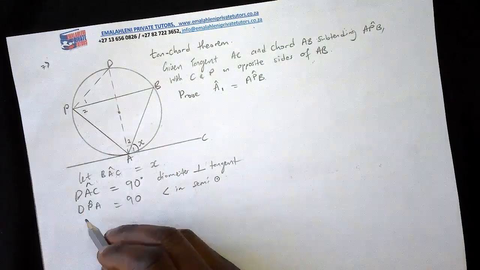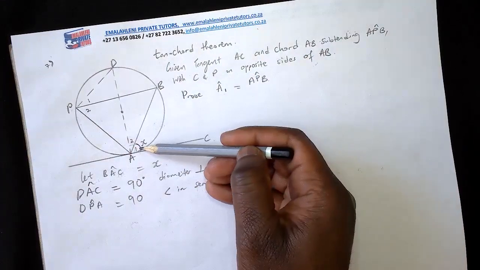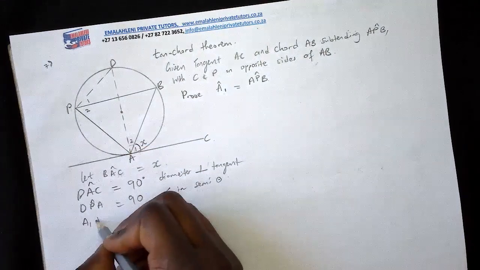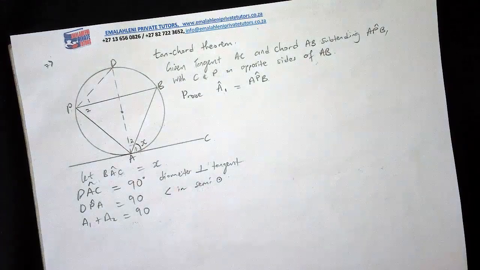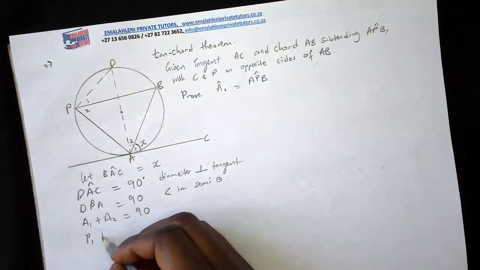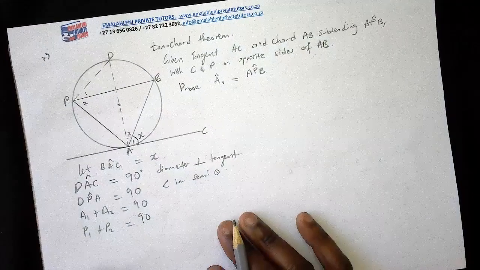Then if this is 90, this is also 90. We know that A1 plus A2 gives 90, and P1 plus P2 also gives 90.